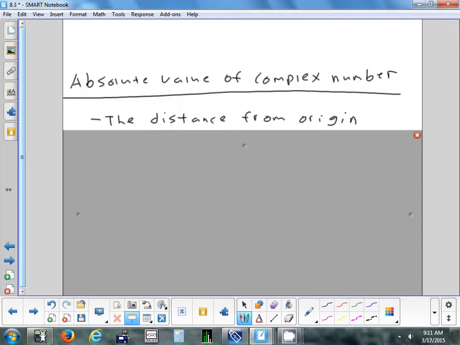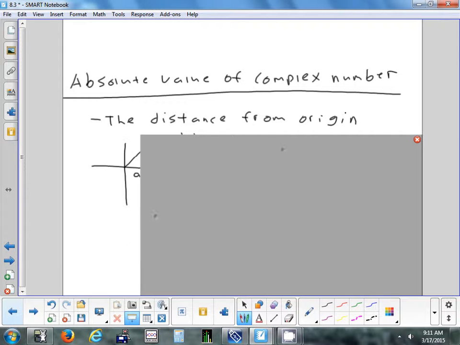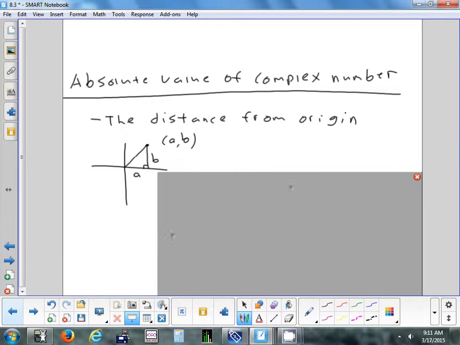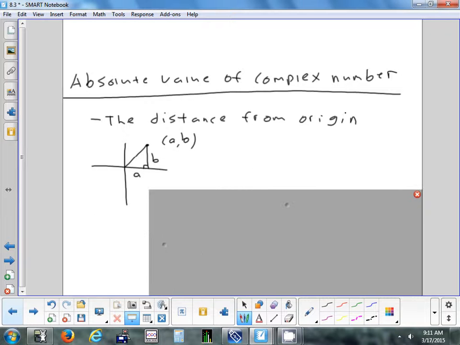All right, so let's just look at a picture. So there's a point. If I was graphing this, the original complex number would have been this, a plus bi. So once I graph it, I go right A units, I go up B units, and I put a dot.